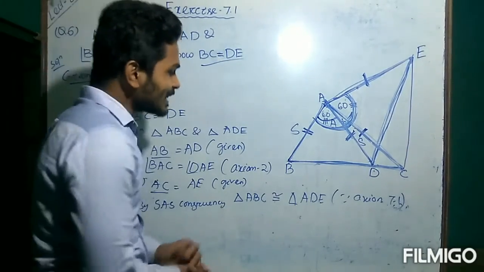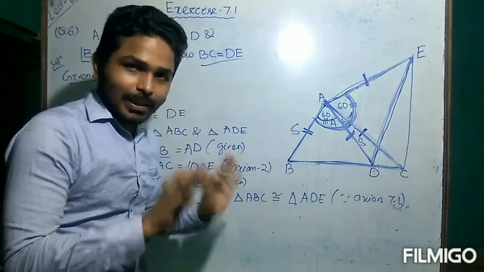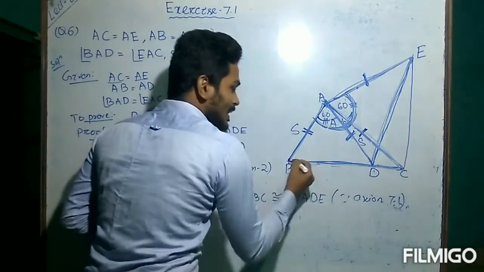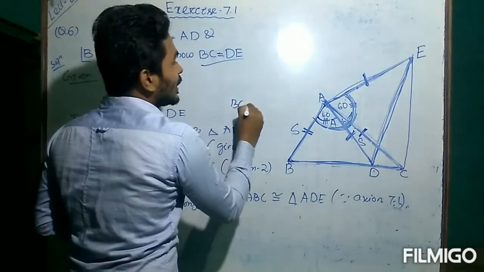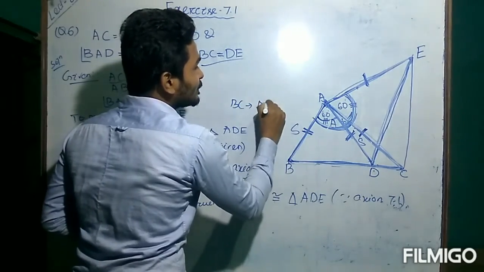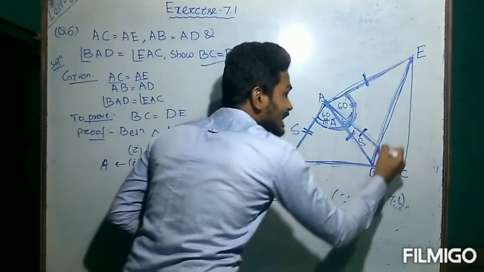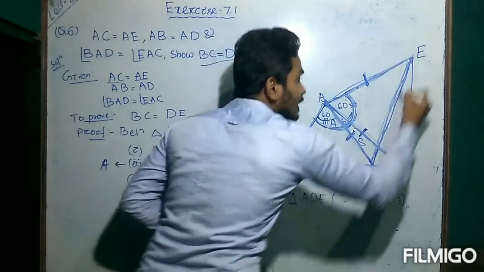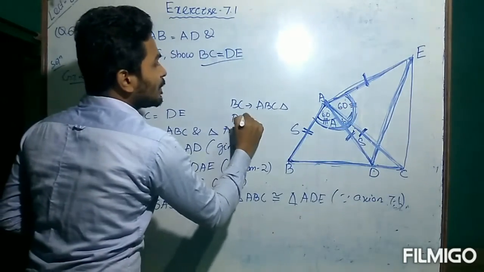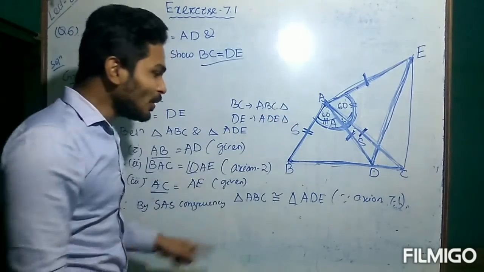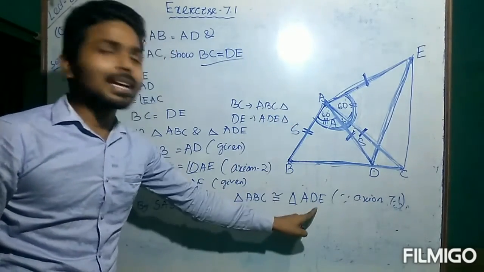Clear? But our target is to prove BC is equal to DE. How? Since these two triangles are congruent, we know that if we consider triangle ABC, then BC is a side of triangle ABC. If we consider triangle ADE, then DE is a side of triangle ADE. But we know triangle ABC is congruent to triangle ADE.